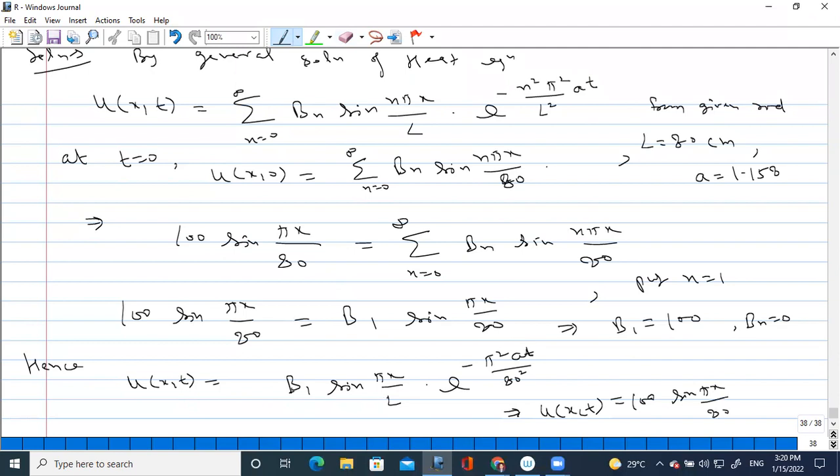Here also you write 80, into e to the power minus pi square into 1.158 divided by 80 square, 6400, into t.